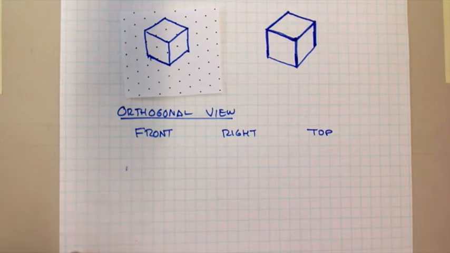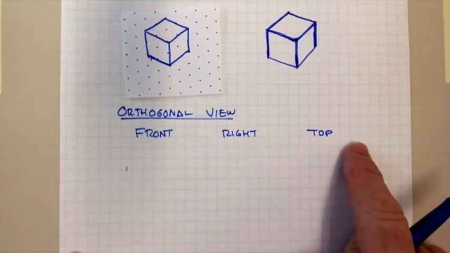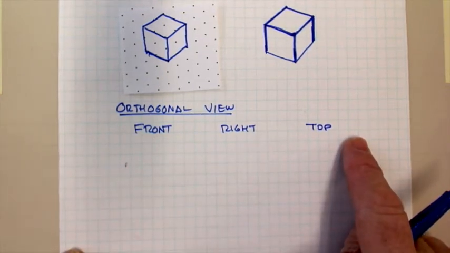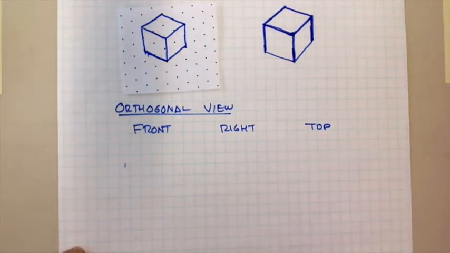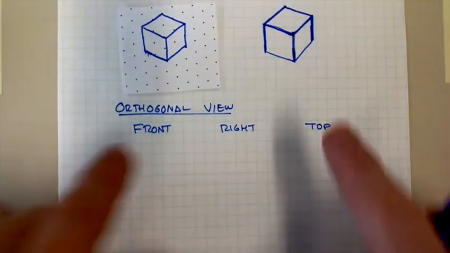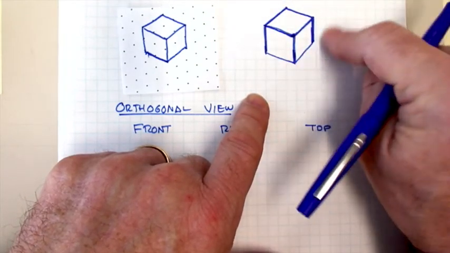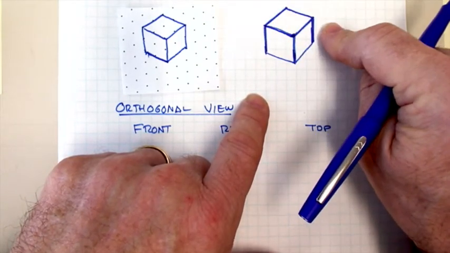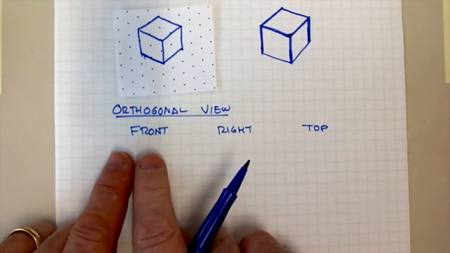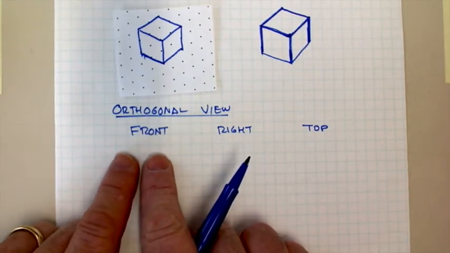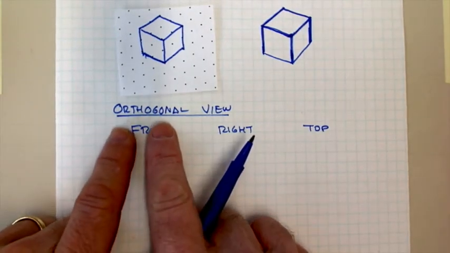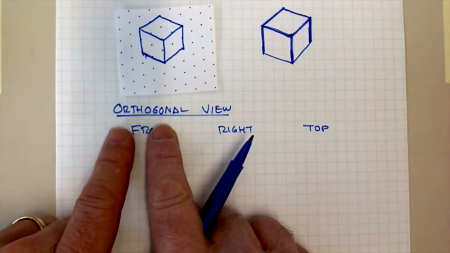Okay? If you have played around with Google Maps and you've gone to Google Maps and looked at your house, what you can do is you can kind of look at it in a perspective view, and then if you go down to a street view, that would be an example of orthogonal.